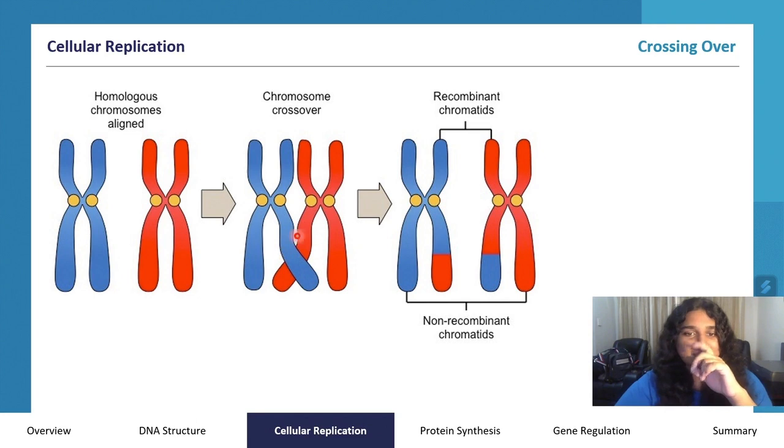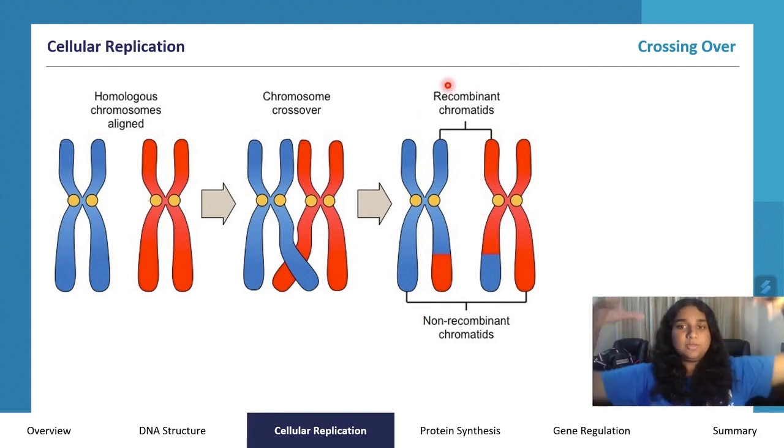So this leg that is overlapping here, the overlapping section of the blue will belong now to the red chromosome, and the overlapping section of the red will now belong to the blue chromosome. These form something called recombinant chromatids, where basically the two copies of DNA have a combination of both the mother's DNA and the father's DNA on both chromatids.